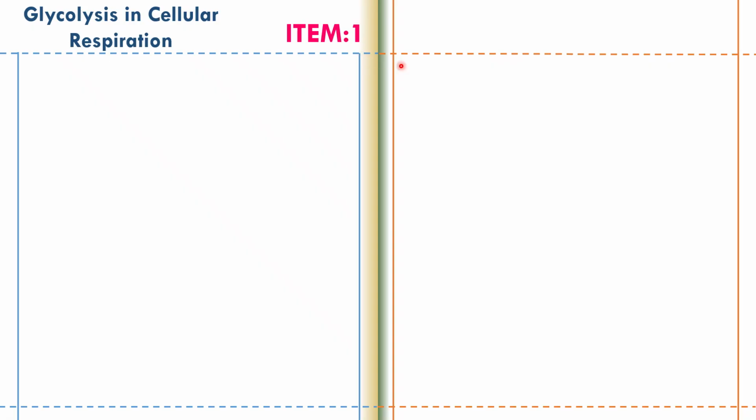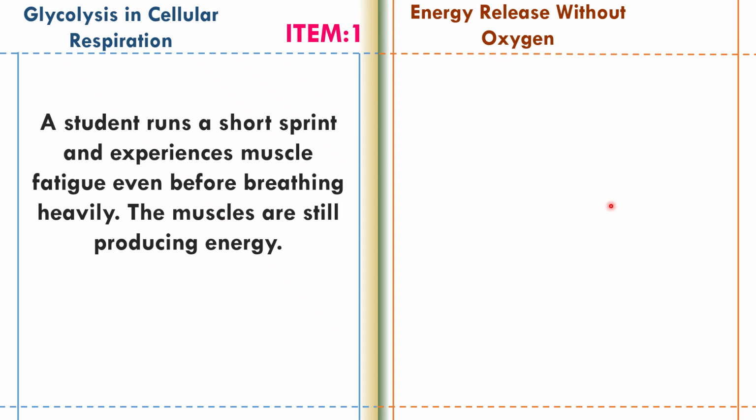Item 1. We are going to look at energy release without oxygen. A student runs a short sprint and experiences muscle fatigue even before breathing heavily.